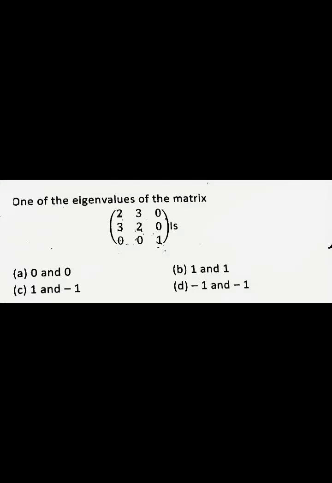Next question is, one of the eigenvalues of the matrix 2 3 0, 3 2 0, 0 0 1 is dash. So here A is equal to 2 3 0, 3 2 0, 0 0 1. Then A minus lambda I is equal to that matrix minus lambda into the identity matrix, and this is equal to 2 minus lambda 3 0, 3 2 minus lambda 0, 0 0 1 minus lambda, this determinant is equal to 0.